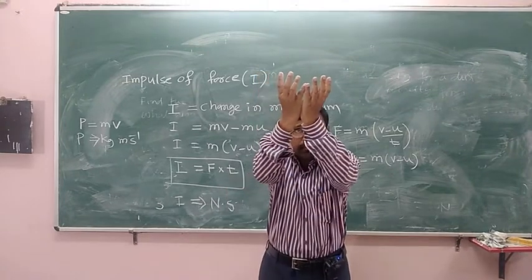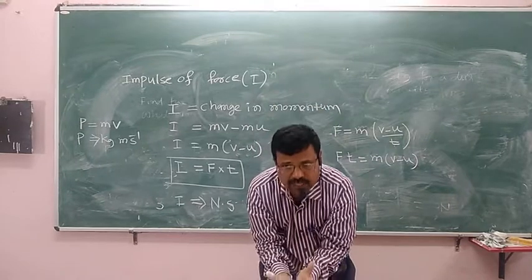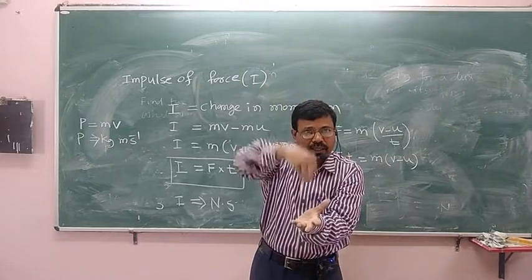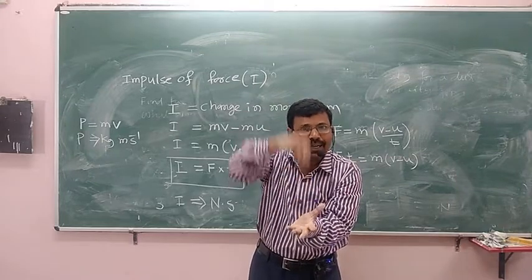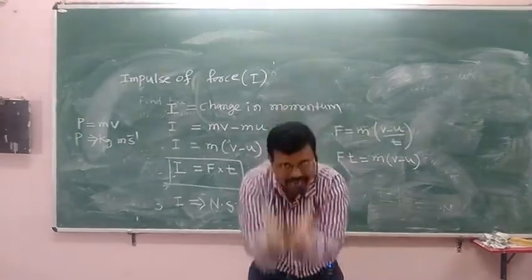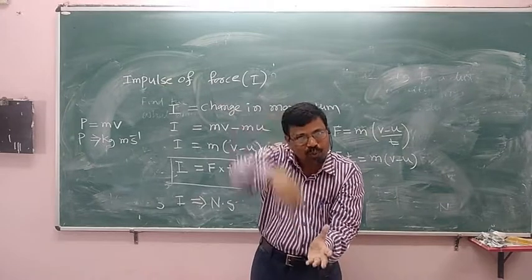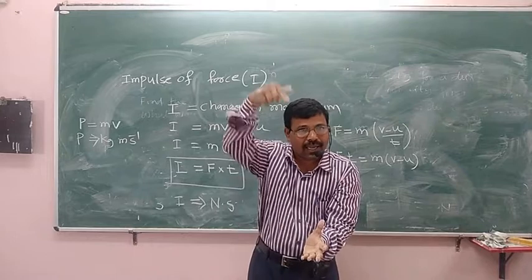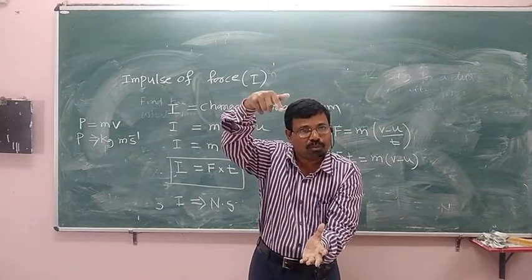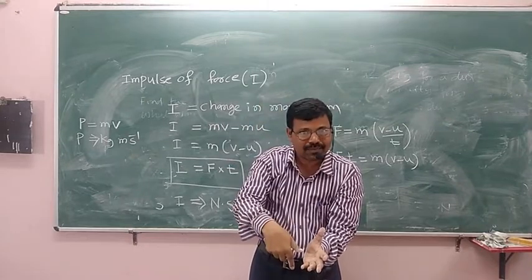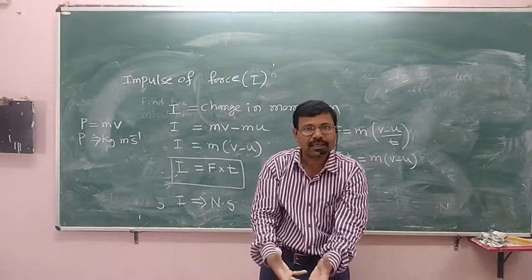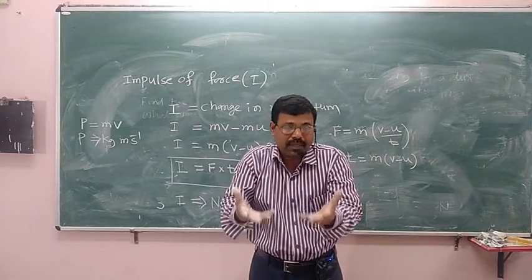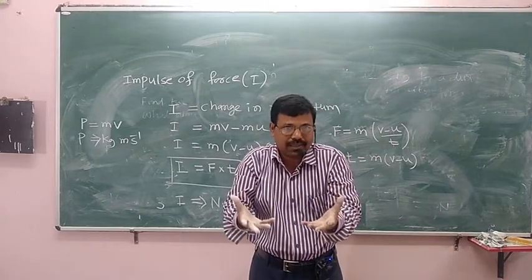When he lowers his hands, the time of fall of the ball increases. As the time increases, force decreases. As the force decreases, rate of change of momentum decreases. Then the hands are saved from the hurt.